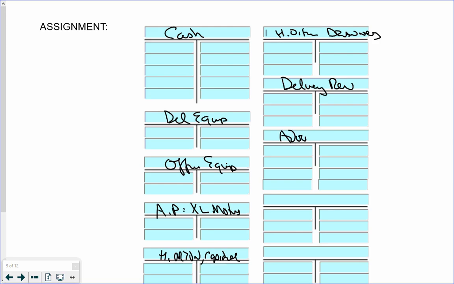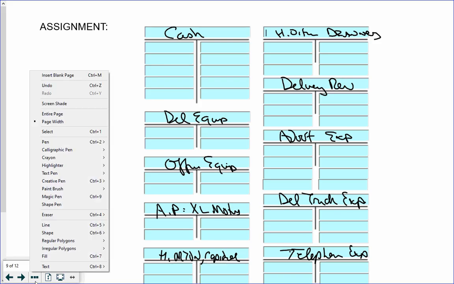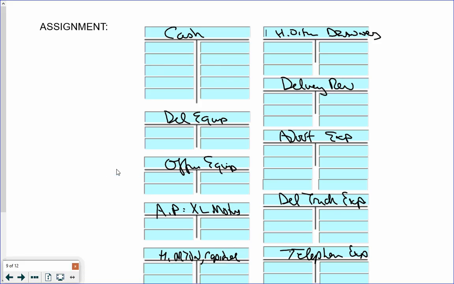You've got delivery revenue. Then you've got advertising expense, delivery truck expense, and telephone expense. If you're using colors, accounts receivable, expenses, and drawings are all plus minus.